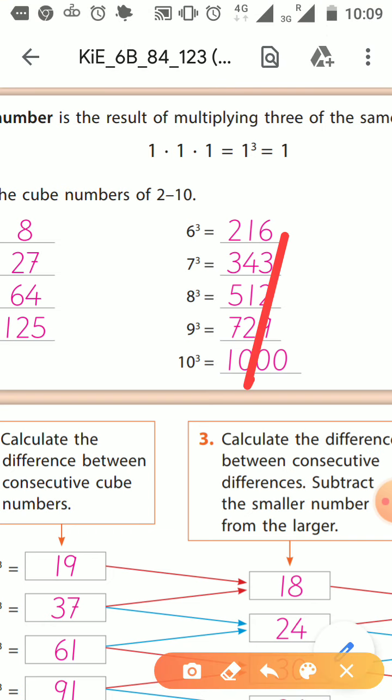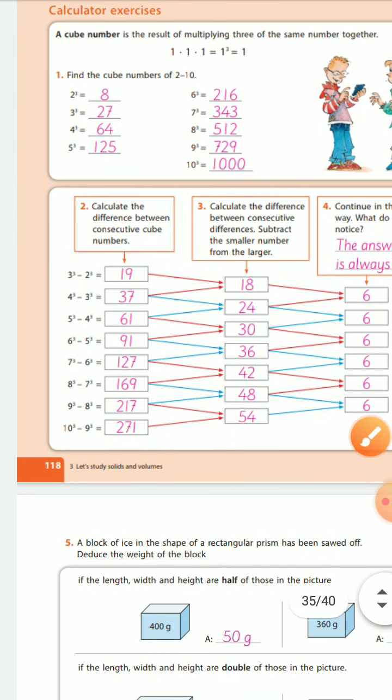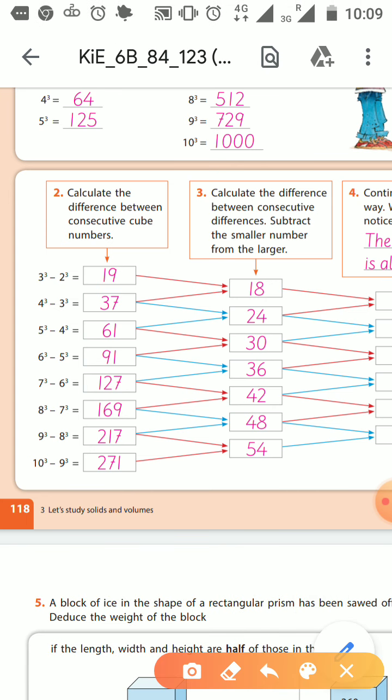All right, next one, there are the answers, is calculate the difference between the numbers. So first you've got to work out the answers here. Okay, 3 to the power of 3 minus 2 to the power of 3. So that's going to be 19. And then this one's 4 to the power of 3 minus 3 to the power of 3 is 37.